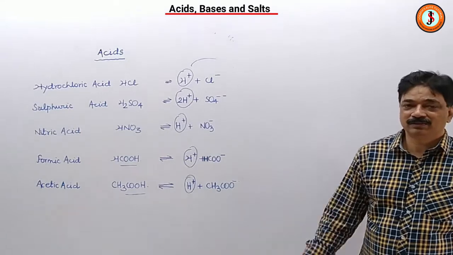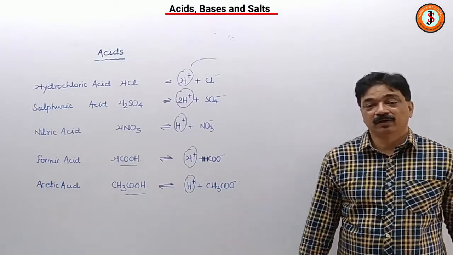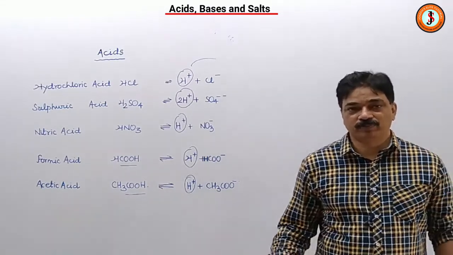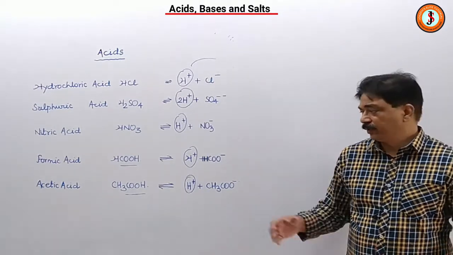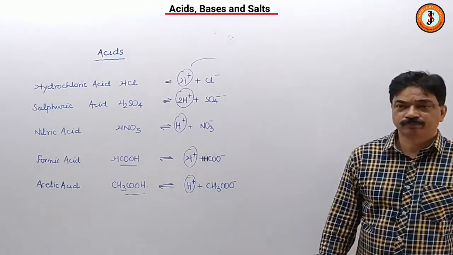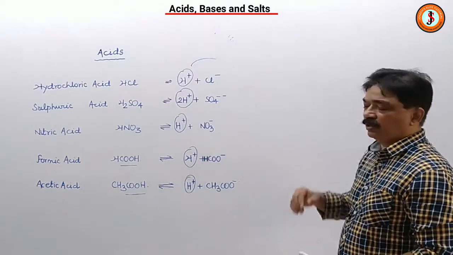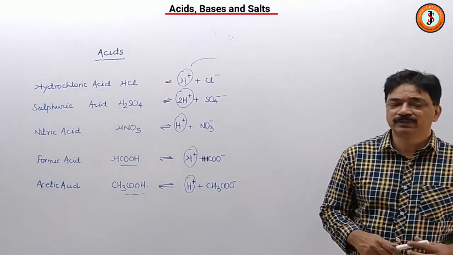Like citric acid, as I said, is present in lemon, tartaric acid in tomato, like that. So you should make a list of acids which are present in different vegetables and different fruits. So that is the first part. Now the second part is the pH value. pH value deals with the hydrogen ion concentration.